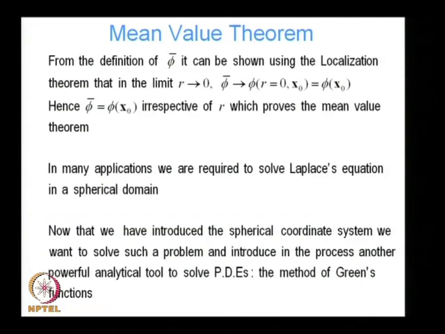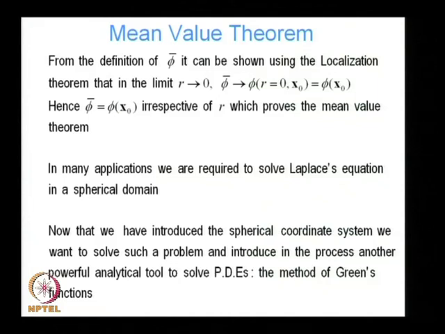From the definition of phi bar, it can be shown using something known as the localization theorem. Basically, it is intuitive, but if we want to show it rigorously, we have to use the localization theorem. But since it is intuitive, I did not go into that. What it basically says is that in the limit as r goes to 0, phi bar must be equal to phi of x 0.